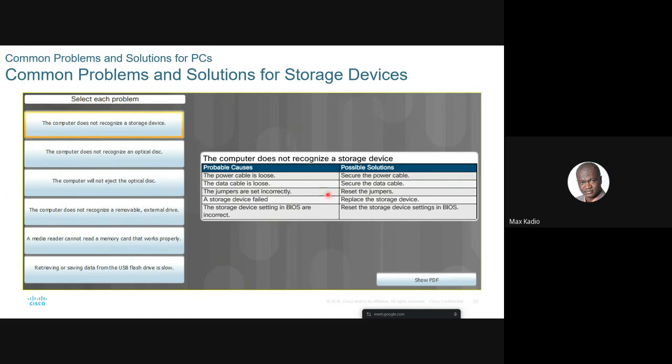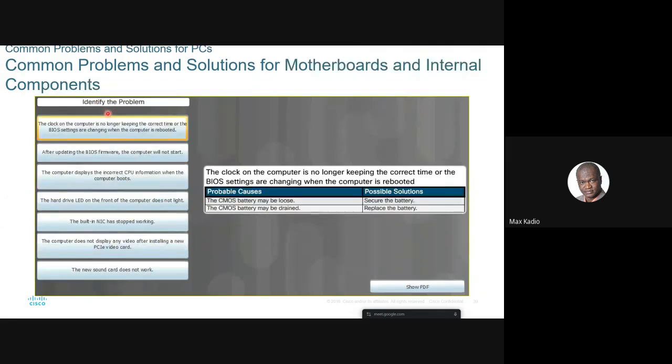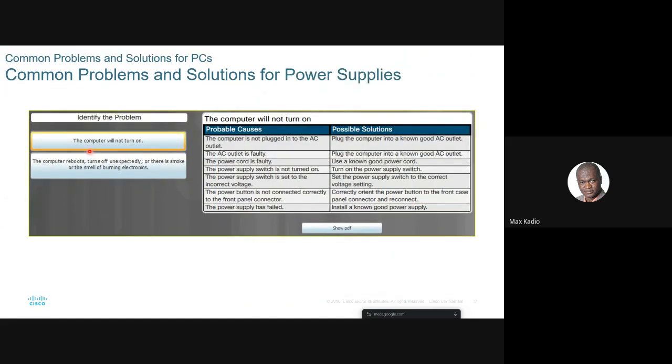Okay, so this is an example of a problem. Now we go to a second problem. The computer is no longer beeping, and we try to explain a bit. The PC will not turn on. Now some kind of causes and some solutions.